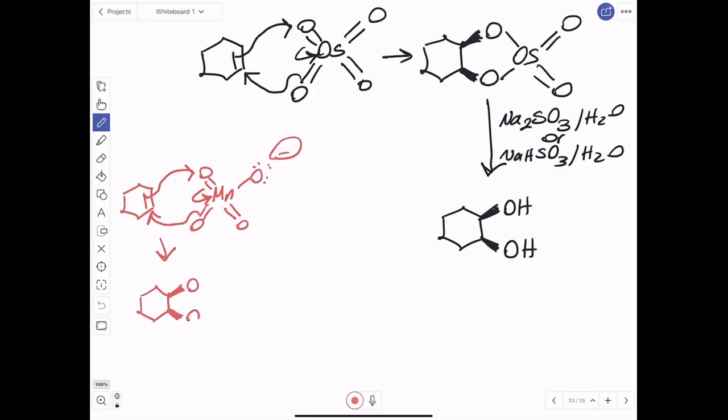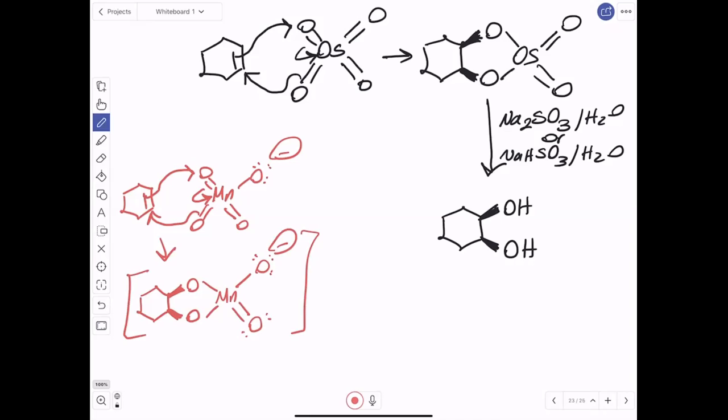And this is the intermediate. So with manganese, both oxygens add to the same side of the double bond at the same time.